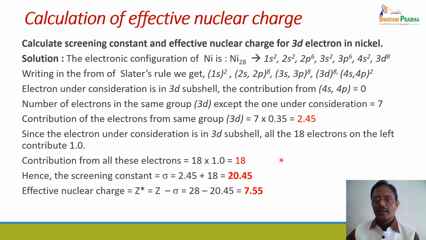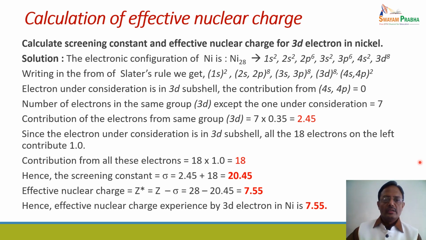By the time it reaches the 3d electron, because of the screening effect of the inner shell electrons, the net effective charge experienced by the 3d electron is 7.55 only. This is how the effective nuclear charge can be calculated by using Slater's rule.